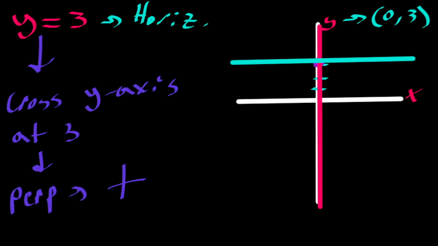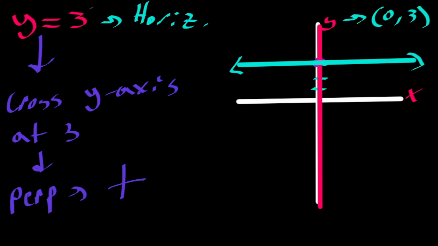So once again, let me go over all that again. Your thought process is: y is equal to 3, so that's where my first point is made. Then I want to cross the y-axis at that point, but I want my y-axis and my new line to be perpendicular, which means y equals 3 has to be a horizontal line. So it would look something like this.